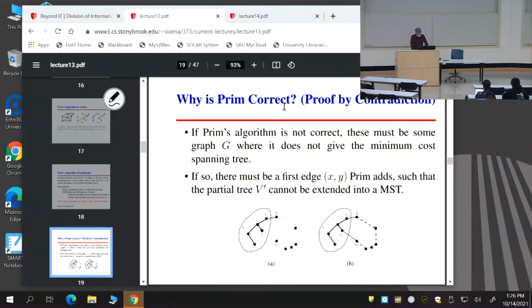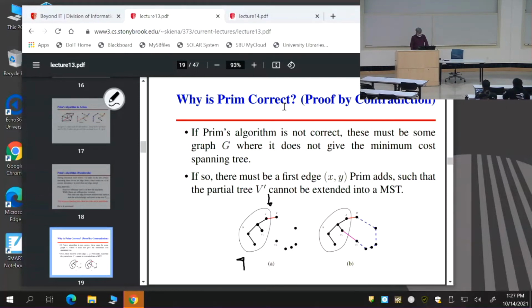If so, let's run Prim's algorithm on that graph, and there will come a moment in time when you're going to add an edge, shown here in red, that irrevocably there is no way to take what's currently in the tree and that new edge and come up with a minimum weight spanning tree. That's what Prim's wants to do. Prim wanted to add that edge. You're telling me, no, this is a counterexample, it doesn't work.